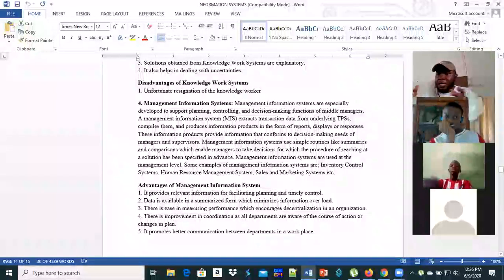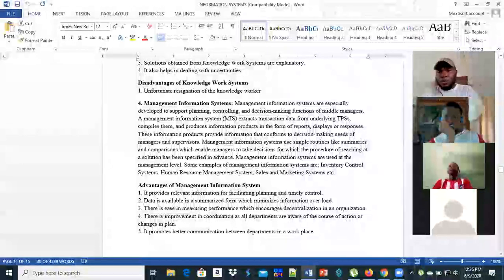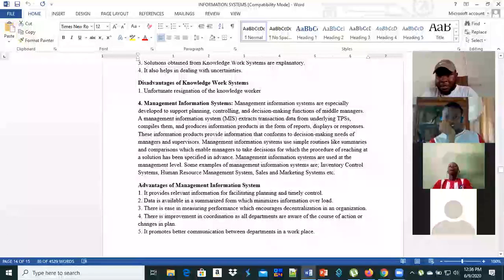They look at patients on admission, those who are due for discharge, their cases, their bills, how much they're supposed to pay, everything that is needed to manage the hospital. So management information systems are very critical and are needed in any organization. And like I said, it is common, so it is likely that you've come across some of them.